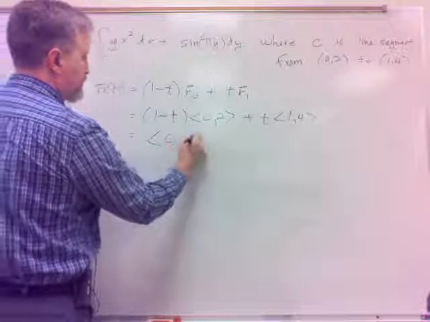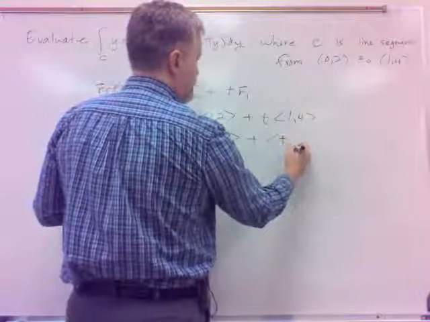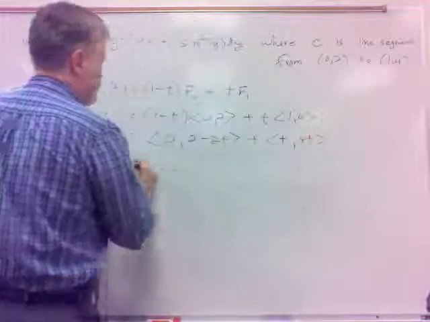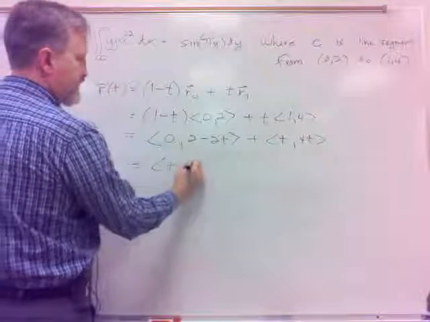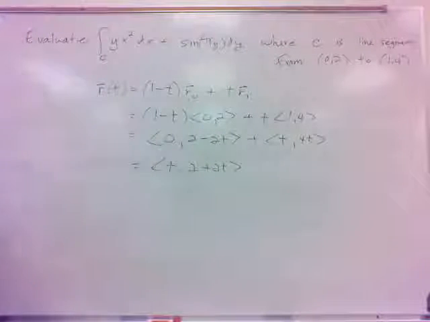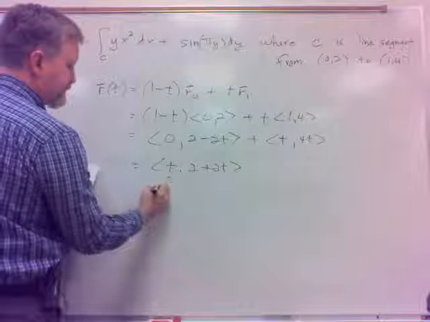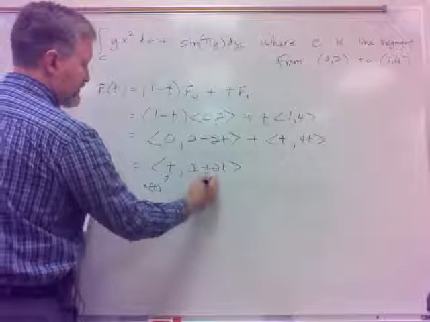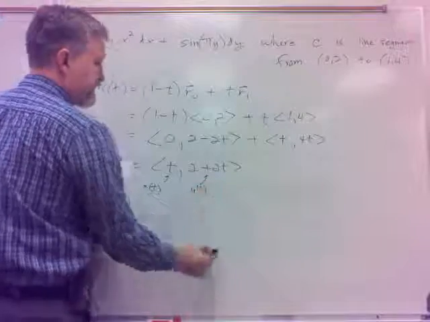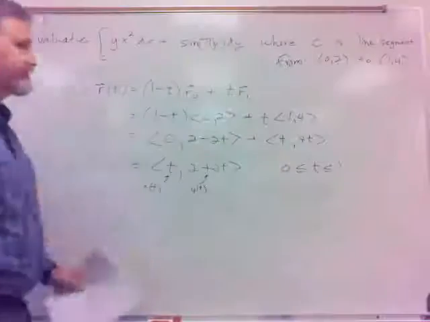That gives 0, 2 minus 2t, plus t, 4t. So that'd be t and 2 plus 2t. Let's just add the components there. This is our x of t, and this is our y of t. And t, of course, always in this case runs from 0 to 1.